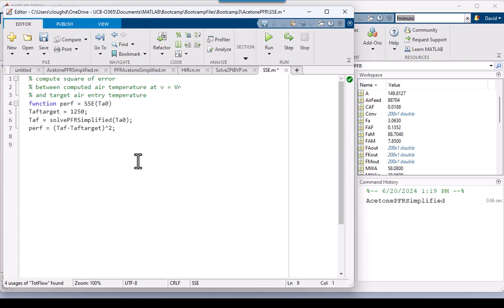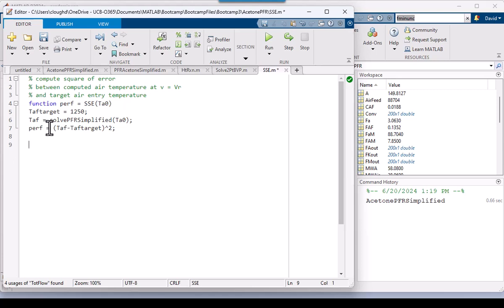Later on, we'll remove the word simplified when we solve the full model instead of the simplified model. And it gives a performance measure, which is returned as the difference between the computed TAF and the target TAF, and we square that. So it gives a performance criterion that will always be positive or approach zero. And that's what fminunc wants to see and work with.